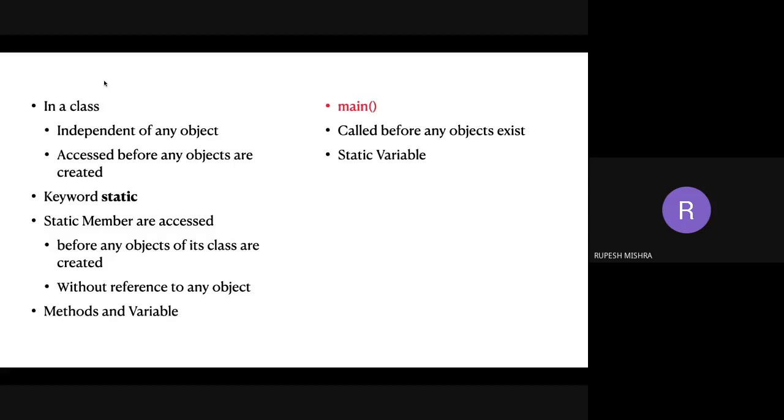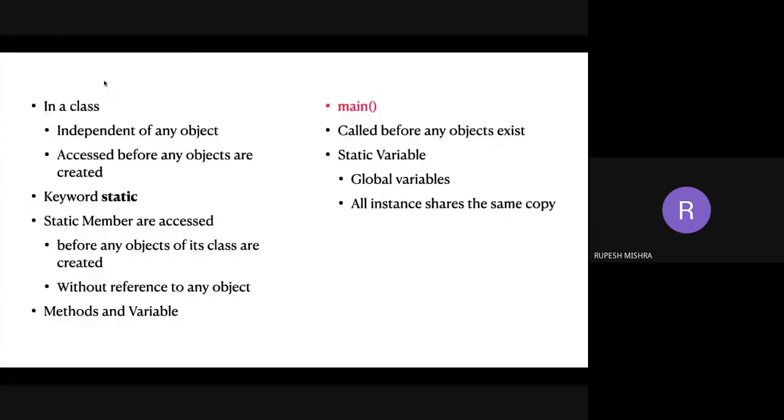Similarly we have static variables also. One thing about static variables is they are global variables, which means they are available to all the methods of that specific class. Whatever number of objects I create, all will share the same copy.